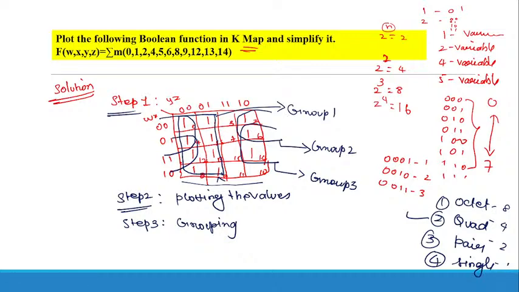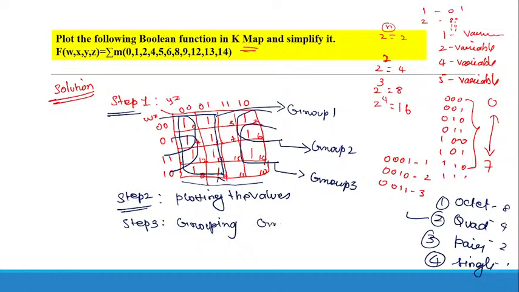So for that reason I can retain group 1. If all my cells are grouped by some other groups, then I can remove this group, because that will become a redundant group. Whereas for this problem, it is not like that.